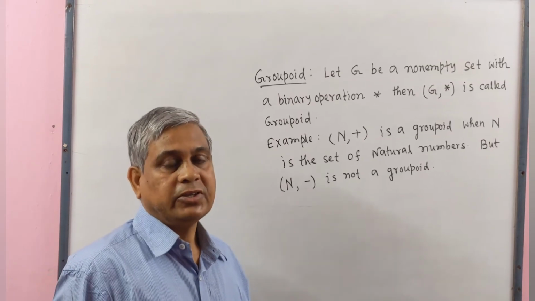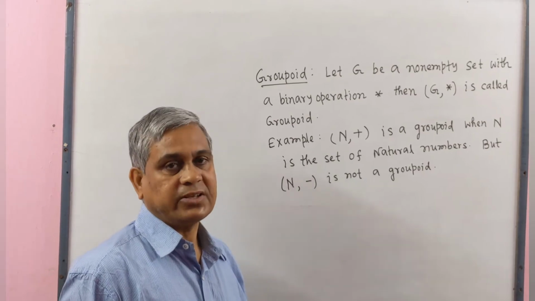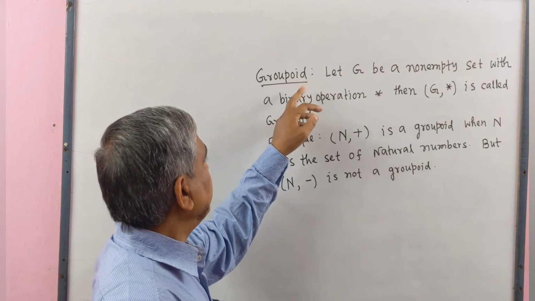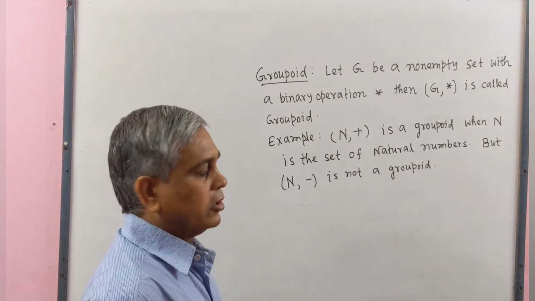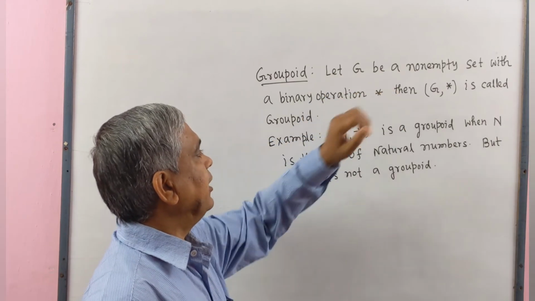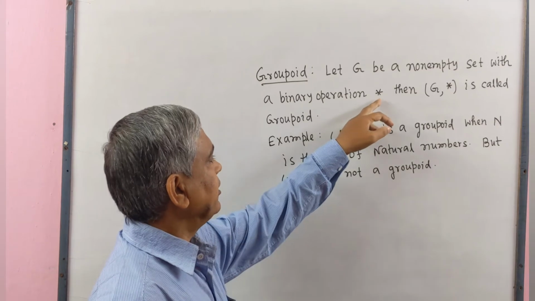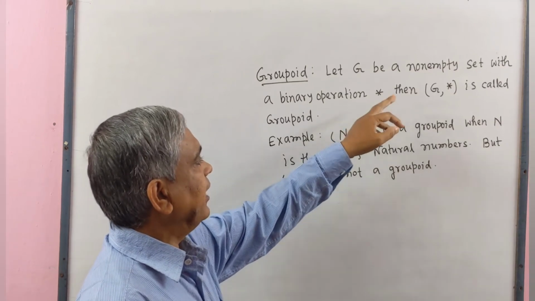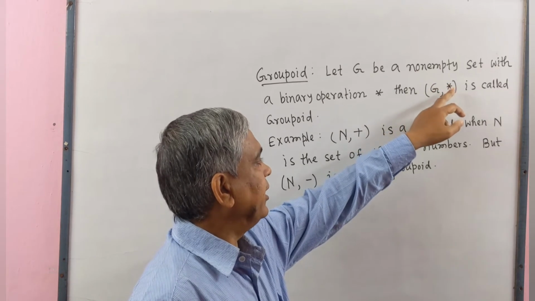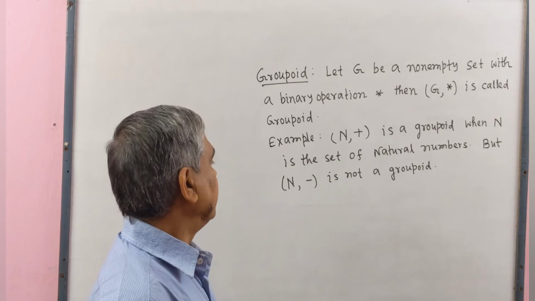Now we discuss the simplest algebraic structure, which is groupoid. We define groupoid. Let G be a non-empty set with a binary operation star, then G with this binary operation star is called a groupoid.